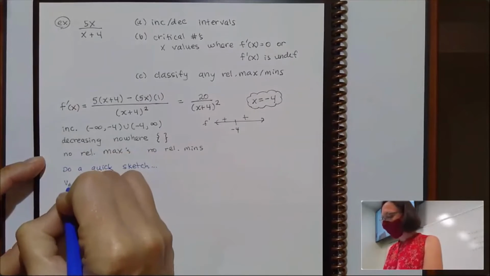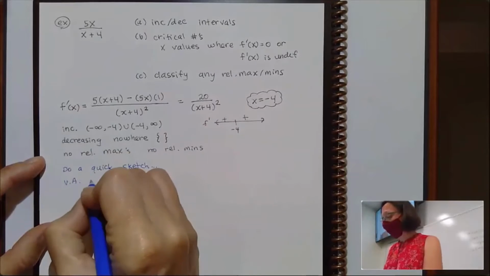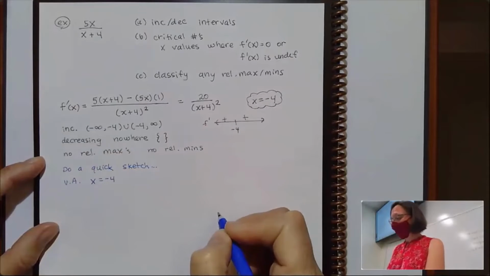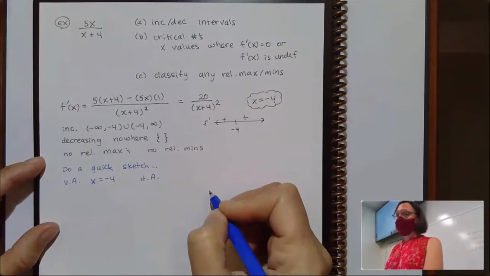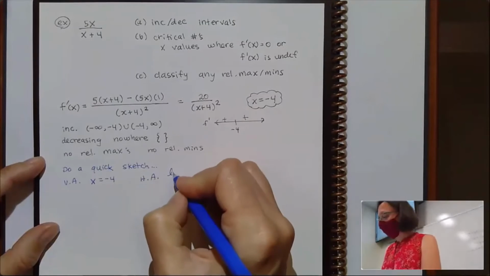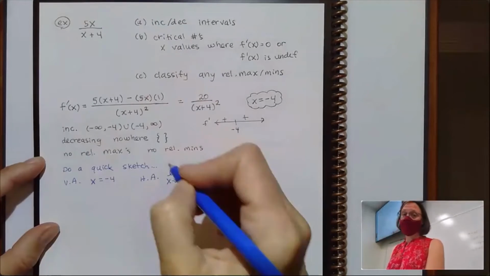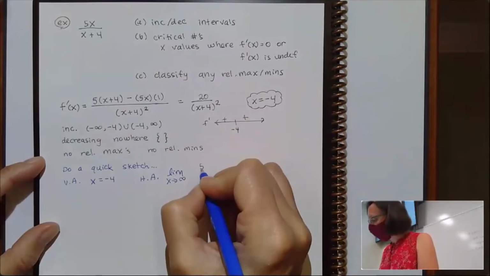If I'm looking for vertical asymptotes, I'd be looking for values that make the denominator equal to 0. So that's that -4. Horizontal asymptotes, I know technically I'd be taking the limit as x approaches infinity, and then I'd find the largest power of x in the denominator and divide everything by that.